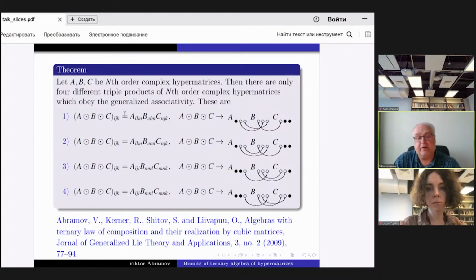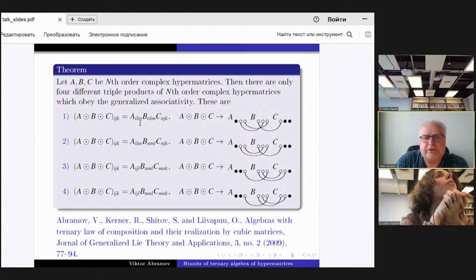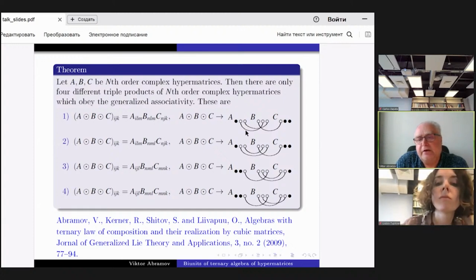These products are written here. Here we have diagrams which show how we take a summation over the subscripts. The first with the last in the first, and the last in the second, and in the diagram we simply connect them by corresponding lines. If we look at this, we see that these two are very similar to these two, some kind of similarity. I agree that we have some similarity here, but these two triple products are different.